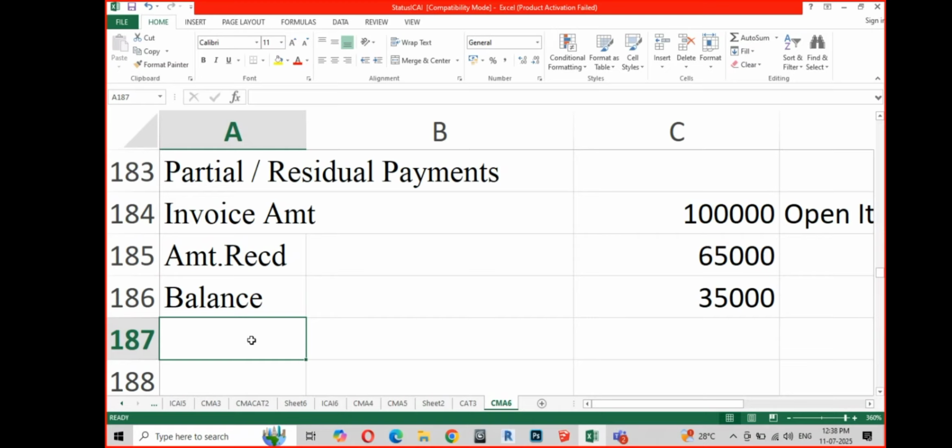Now, another important functionality in the AR module is, we had a concept of automatic payment program in AP.